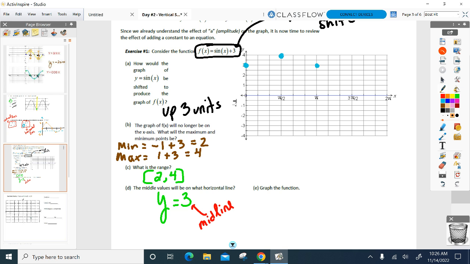Minimum, 2. And then where does every sine curve end? Still not at 0. It ends at the midline, which is your shift, 3. And there it is. This is our sine curve. We just booted it up 3 units. We took your old sine curve from Friday and kicked it up 3 units.